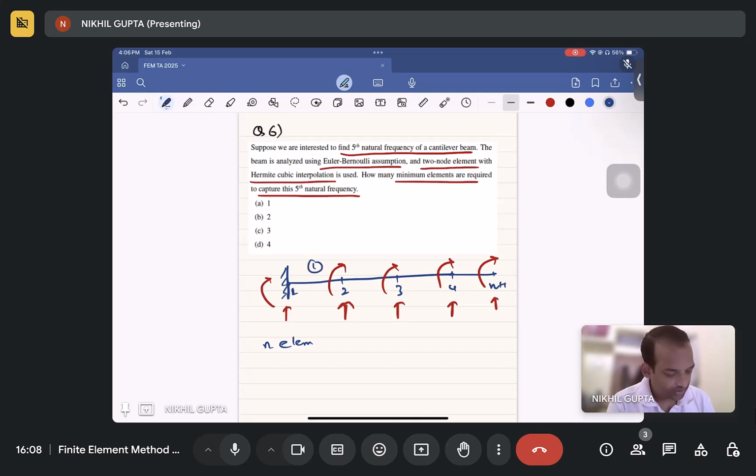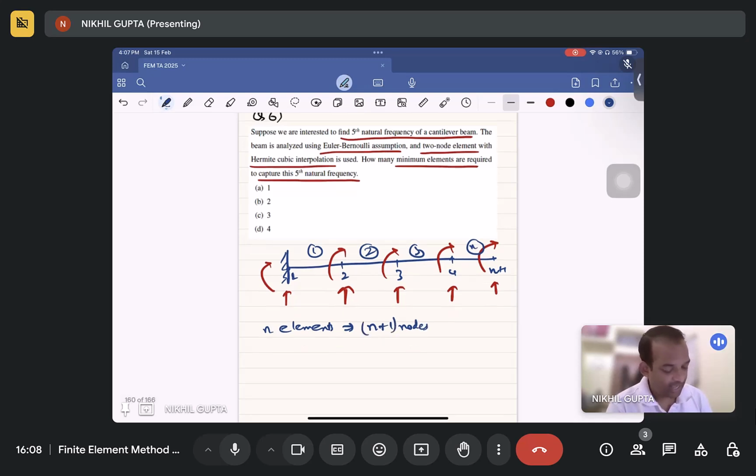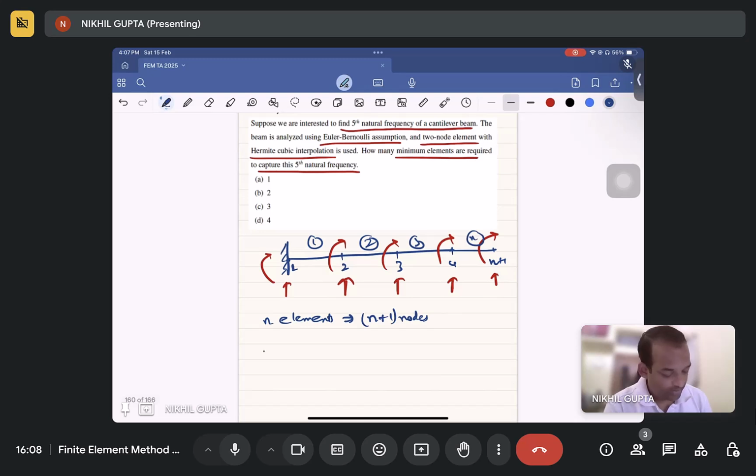This is 1, 2, 3, and it goes up to n elements. For n elements, we need n plus 1 nodes. Since we have n plus 1 nodes, how many degrees of freedom will we have? We have 2 times n plus 1. So we have 2n plus 2 degrees of freedom in this structure.